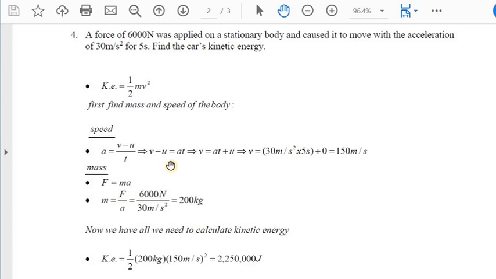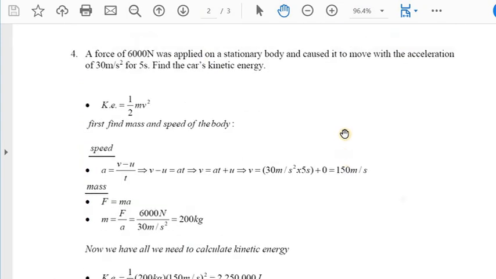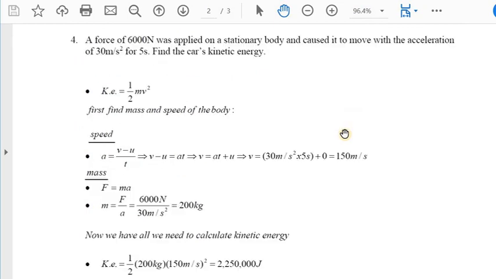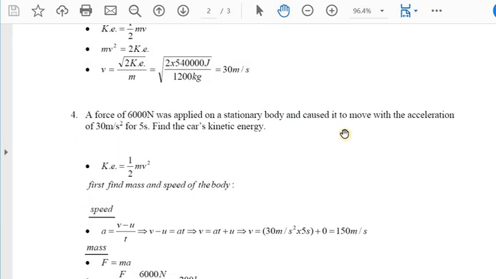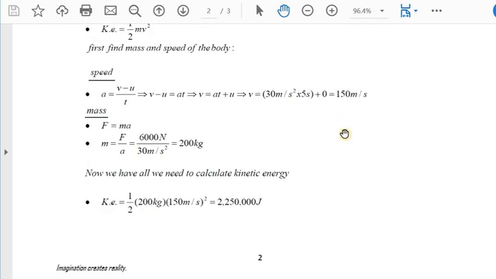Because we did equations of motion, I know that you should be able to do this calculation. Then you come back to find the mass of the vehicle depending on the acceleration at which it is moving, and then you calculate.